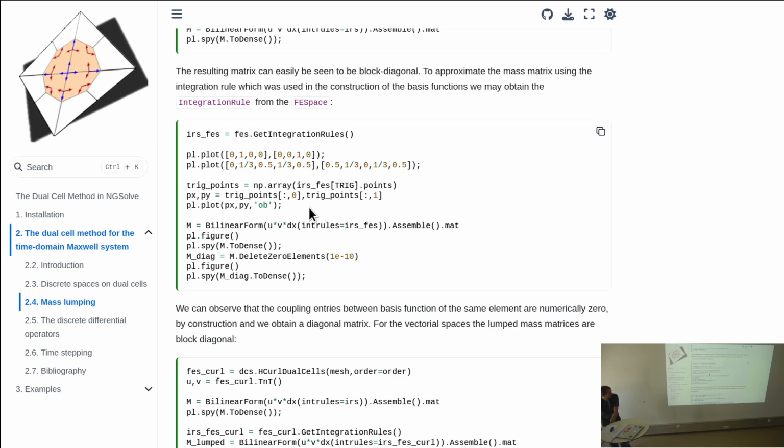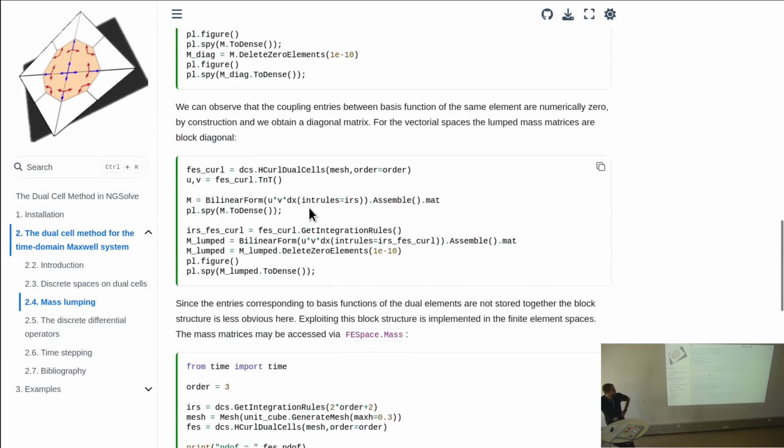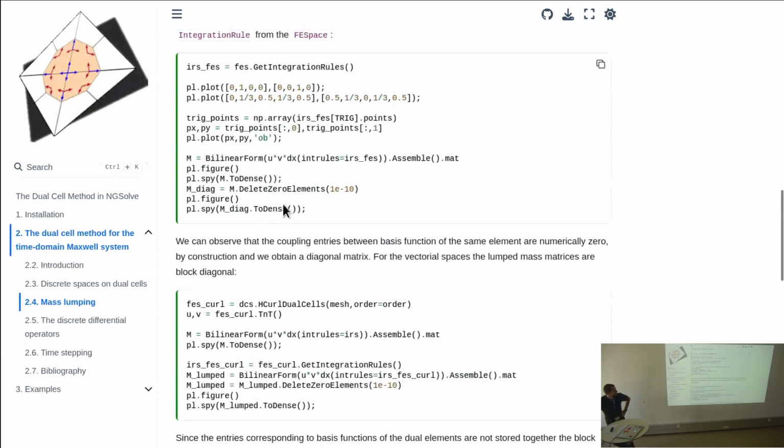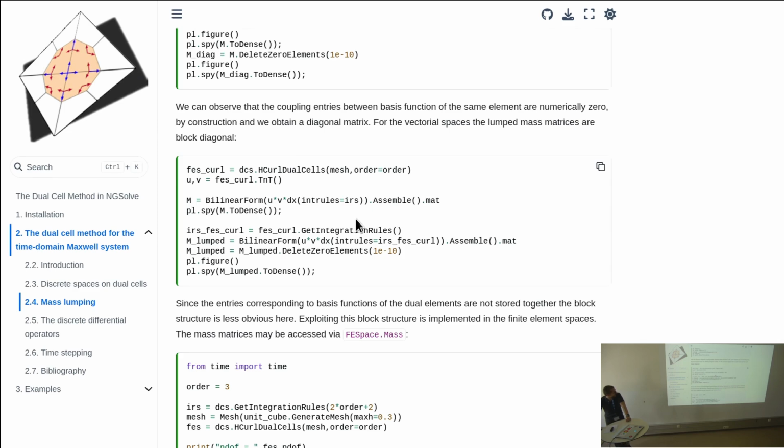And then what we actually should see here is that we indeed get a diagonal mass matrix, but somehow I messed up the last build of this notebook, so we don't get an output here, so we don't see the sparsity pattern. But you can imagine this is a very nice sparsity pattern here.